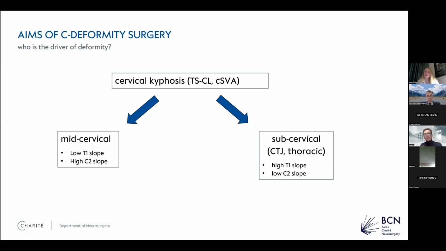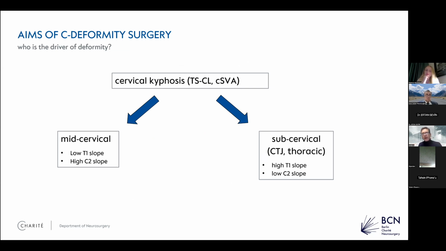But then there are patients where the problem is not in the cervical spine, but the problem is in the subcervical segments, cervicothoracic junction, or thoracic kyphosis, or loss of lumbar lordosis. And you really have to identify these patients, because otherwise you treat the cervical spine and the problem is completely somewhere else.